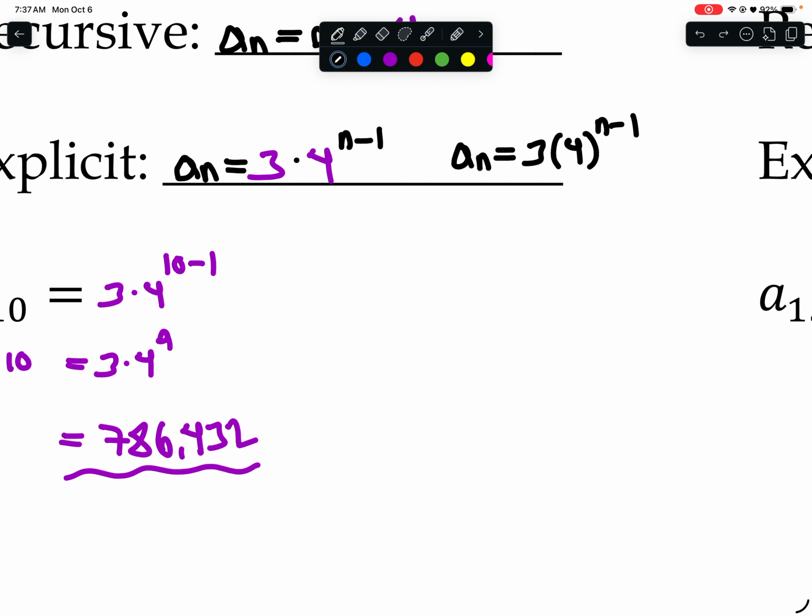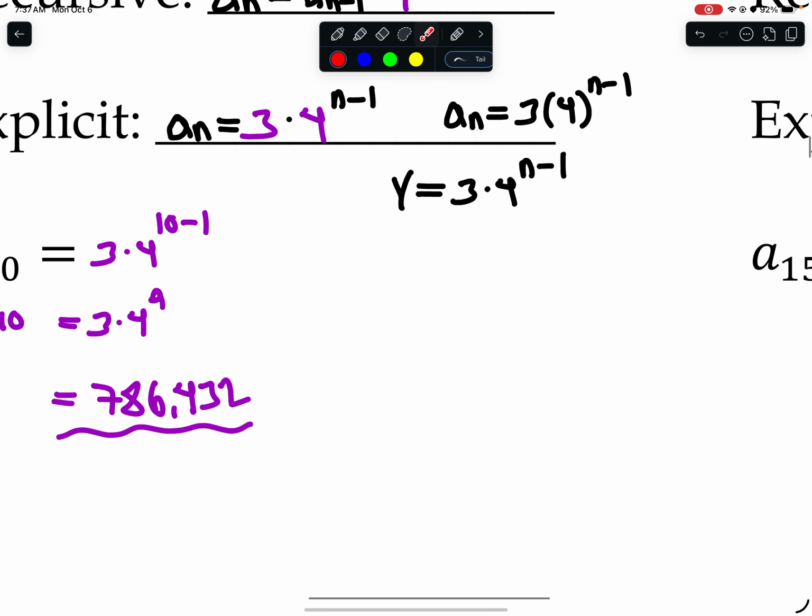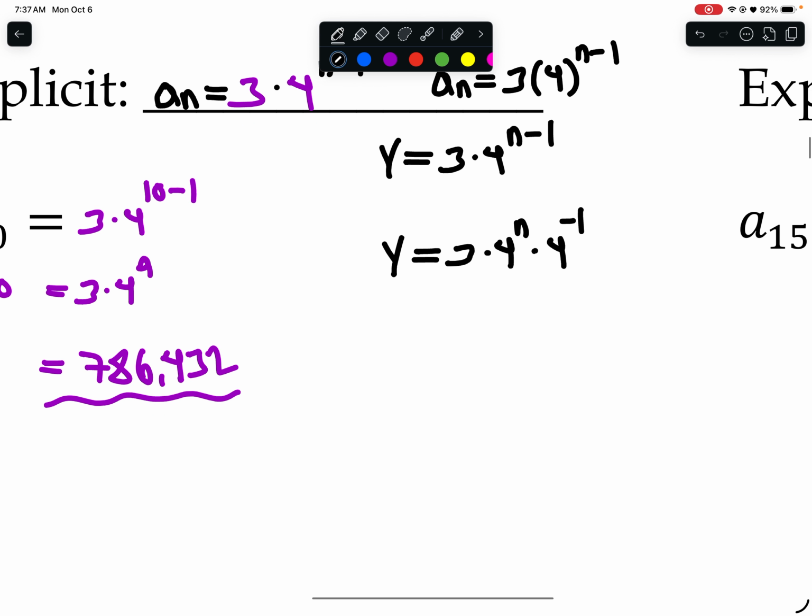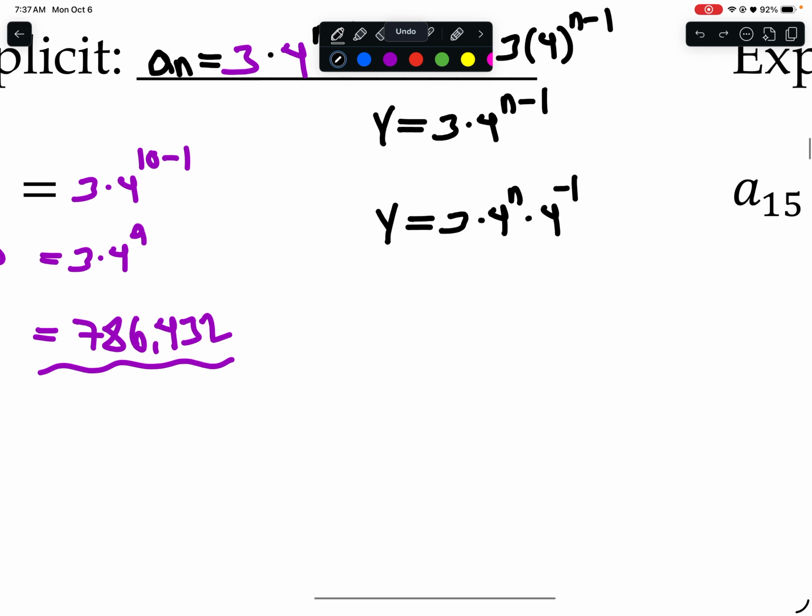So y equals a times b raised to the x. So I'm going to take 3 times 4 raised to the n minus 1. And then I'm going to separate this value here. So this is going to give us 3 times 4 raised to the n times 4 raised to a negative 1. So I'm going to separate the exponents into two separate terms.